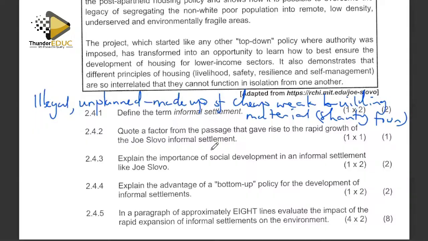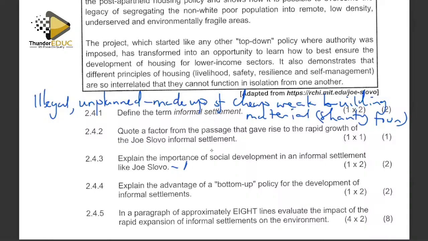Explain the importance of social development in an informal settlement like Joe Slovo. Why should we engage in social development? Try to improve ways of life of people in the informal settlement.